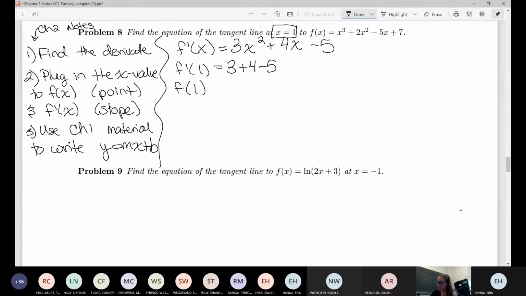So 7 minus 5 is 2. And then when we plug it into the original function, we'll get 1 plus 2 minus 5 plus 7. So 1 plus 2 is 3, plus 7 is 10, minus 5 is 5.